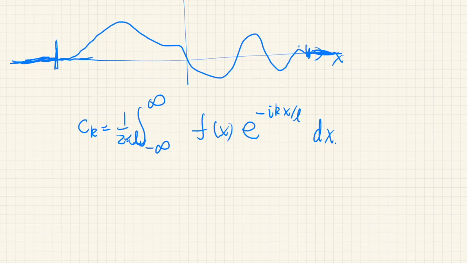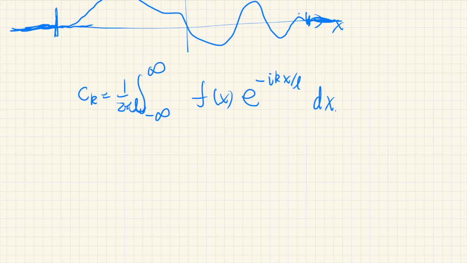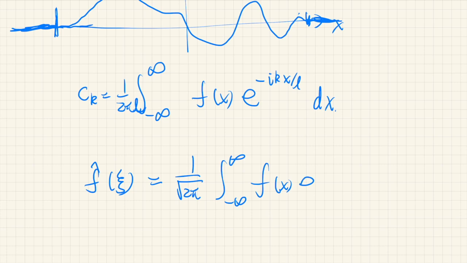And next, let's define a new function f hat of xi as 1 over square root of 2 pi times the integral from negative infinity to positive infinity of f of x exponential of negative i xi x dx, where xi is a real variable.